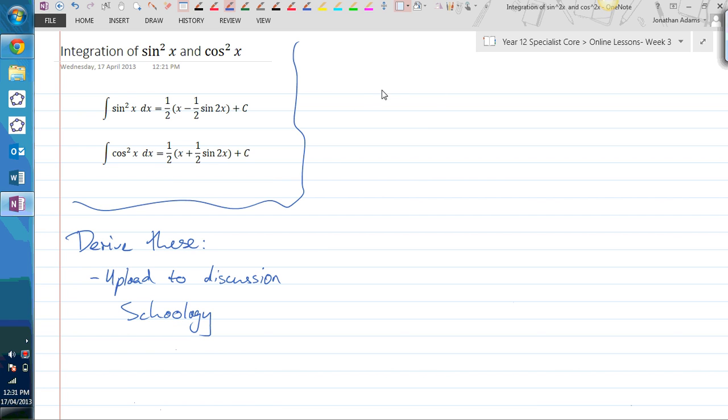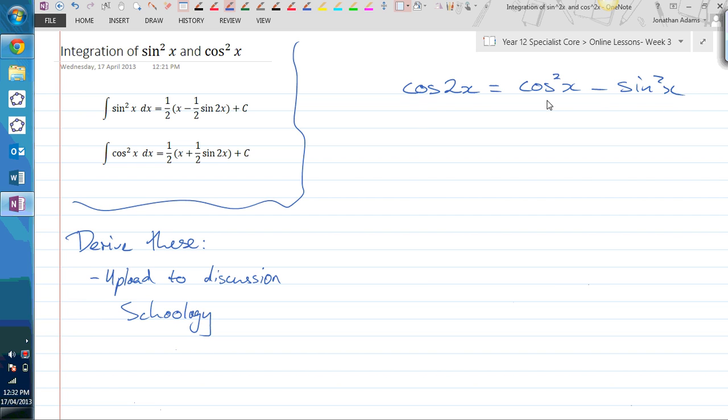At the end of last year, we looked at a result for the double angles of sine and cos. And the one that we're particularly interested in is going to be cos 2x, and that was equal to cos squared x minus sine squared x.